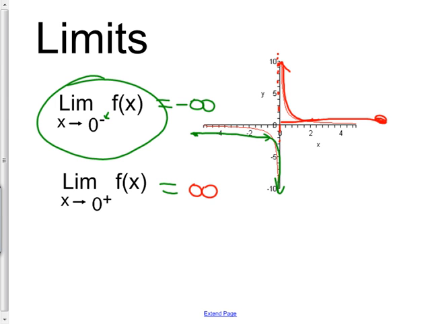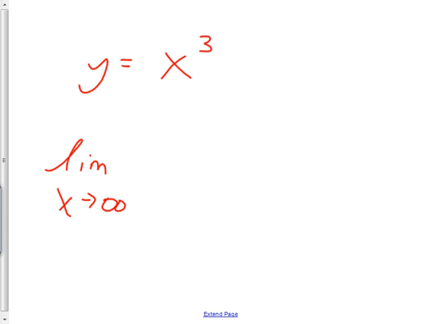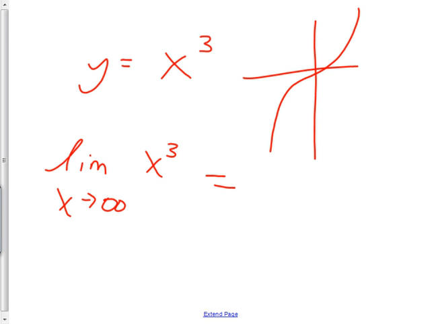All right, it's a lot for a Monday. Here's a typical problem. Y equals x cubed. Tell me its limit as x approaches infinity. Well, all you got to say is the limit of this function is, if I go forever, here's a little sketch of it. If I go forever that way, I already know the x. The x is infinity.